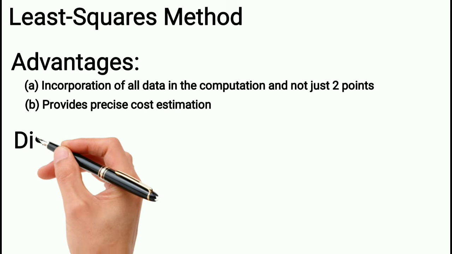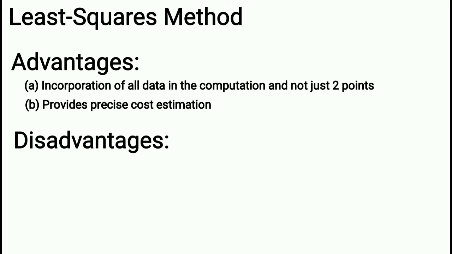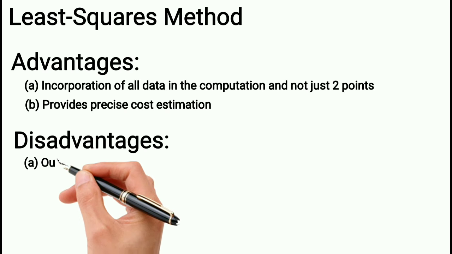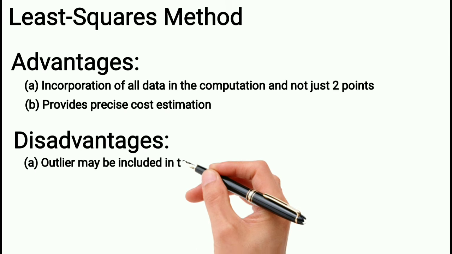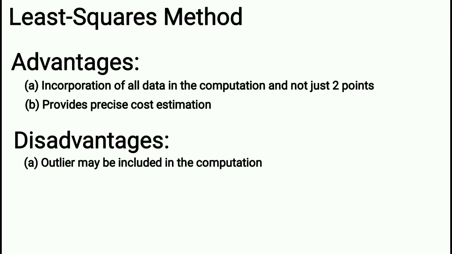On the other hand, one disadvantage of least squares method is that outlier may be included in the computation. Of course, sa least squares method, dahil ginagamit natin lahat ng available na data, hindi natin ini-ignore ang outlier. Unlike sa high-low method na kailangang i-ignore ang outlier.